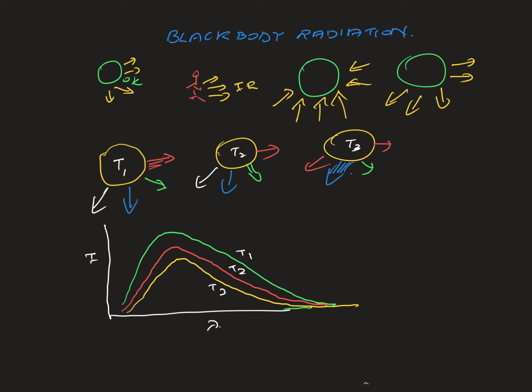But using the classical wave theory, when scientists tried to plot the curve, with lambda here and intensity here, the curve looked like this.